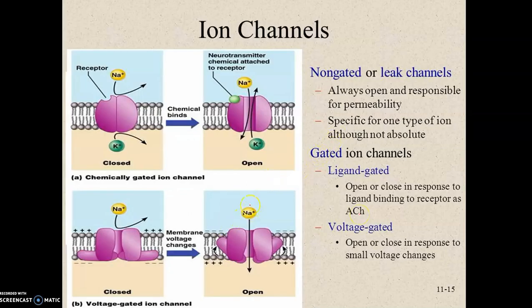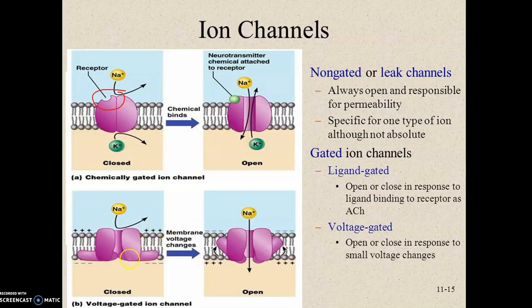So this is the example of gated channel and leak channel. Okay, so we can see that this is a gated channel. Sorry, this is example of gated channel, and this is example of ligand gated channel. When specific substance binds to this receptor, the channel protein will open.